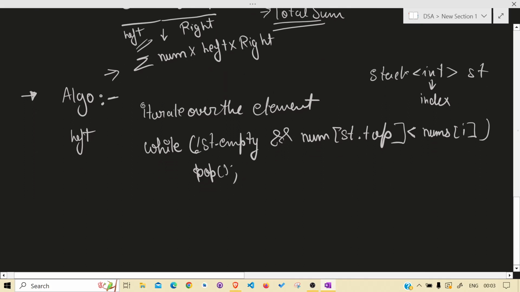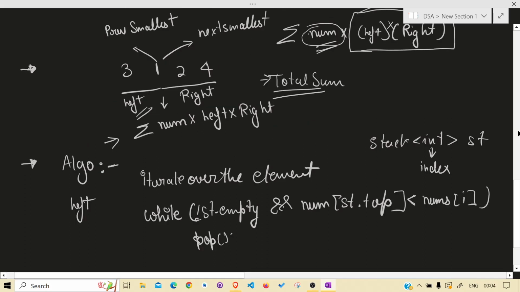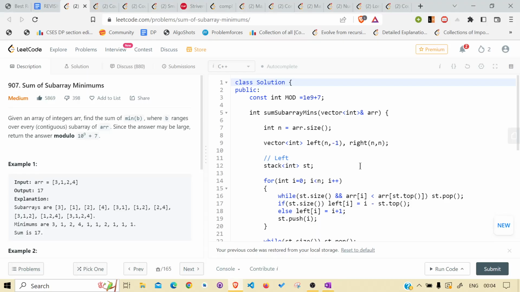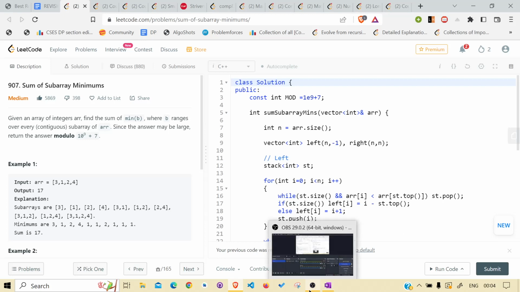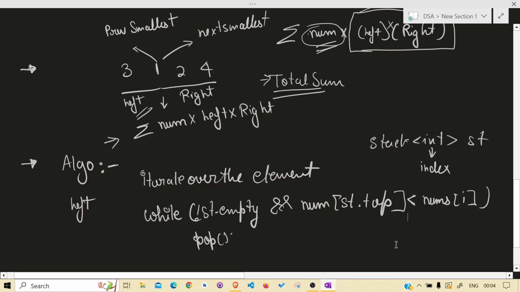Why? Sorry, I did wrong over here. Nums[st.top] should be greater.